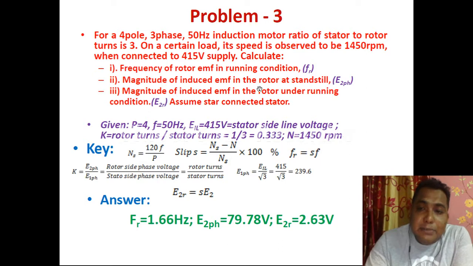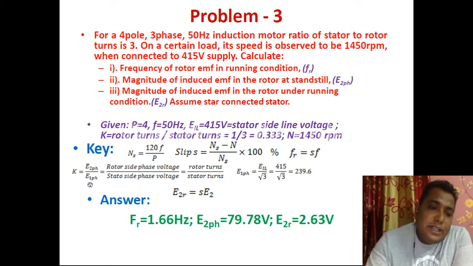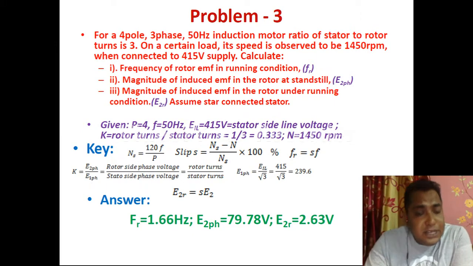So what is the EMF at standstill? Here K is given by the formula, as you can see over there, the EMF of the secondary side, rotor side phase voltage, and the stator side phase voltage is equal to, you know the formula, the rotor turns by stator turns.